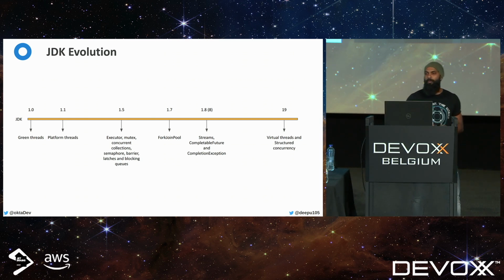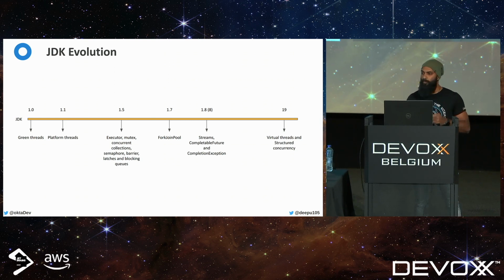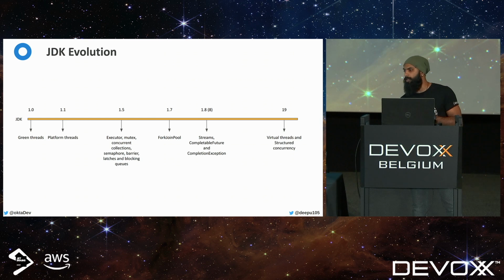So JDK 1.1 had basic support for platform threads, or operating system, or OS threads, whatever you want to call it. And JDK 1.5 had more utilities and updates which improved concurrency and multi-threading. JDK 8, 1.8, brought in streams, CompletableFuture, asynchronous programming support, and a lot more concurrency improvements.